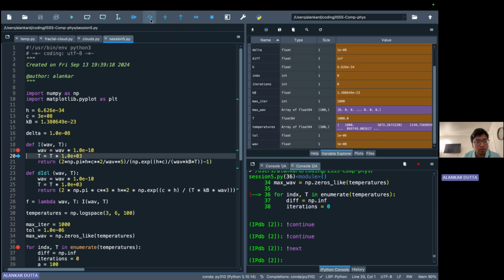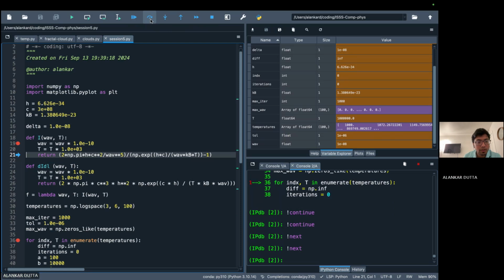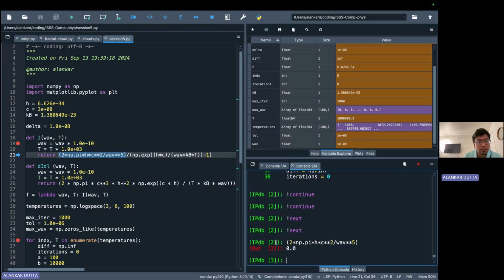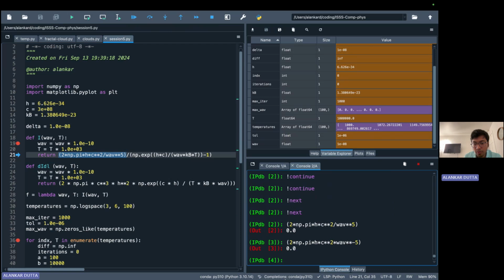This is 100 angstrom. This is some temperature. And then let's see. This is 0. Why? Times f to the power of -5.